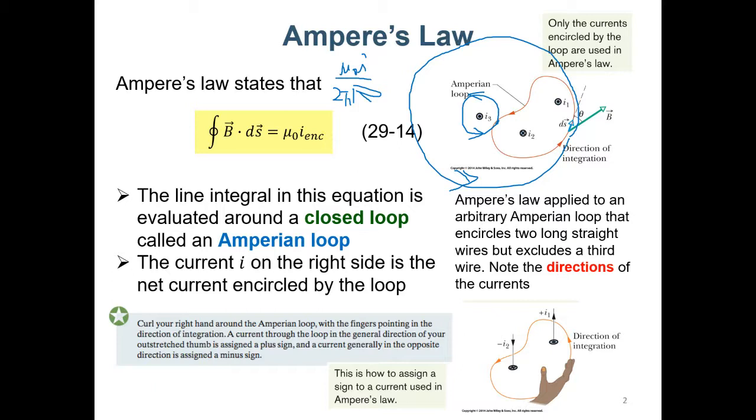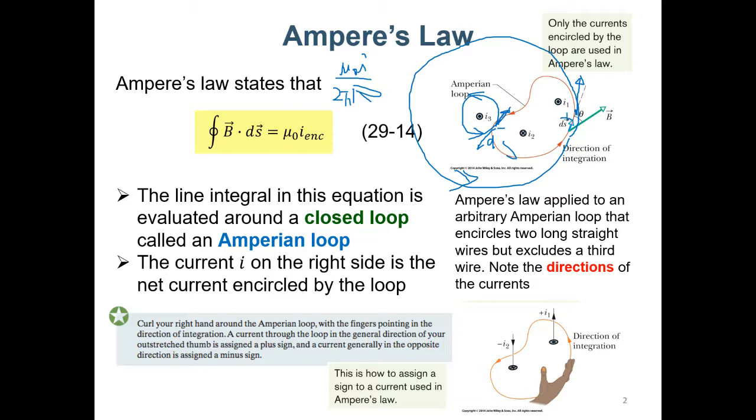But okay, for this part this is positive, and for this part it is negative, because B in this direction is in the opposite direction of ds. So this is negative, this is positive.